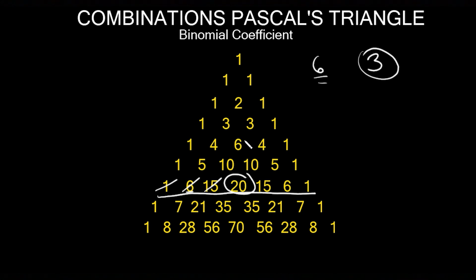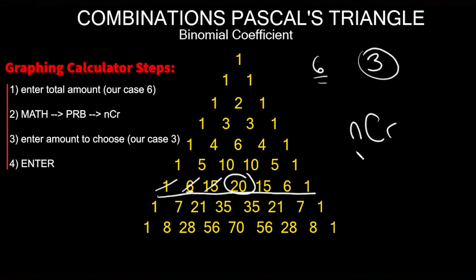And you can actually do this in your calculator. If you have a scientific calculator or a graphing calculator, you want to go to probability, and you'll see a choice that says nCr, okay? That's the option you want to use when you're doing these combination problems. So if you were to put it in your calculator, you would put 6 first, then go to your probability menu and look for nCr.